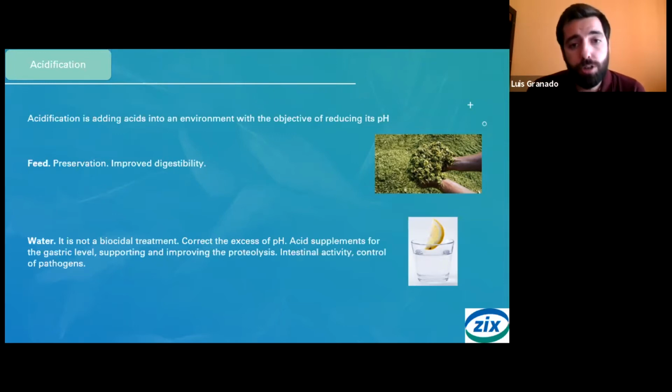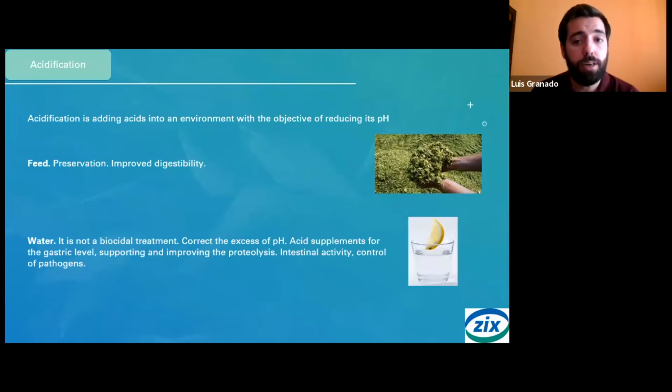And in the water, it can be done to reduce the pH in those cases where we have waters with high pH, or to supplement the acidic environment inside the stomach, which provides support for the proteolysis, right? The intestinal action, and we will explain it also. Some acids can act as prebiotics.